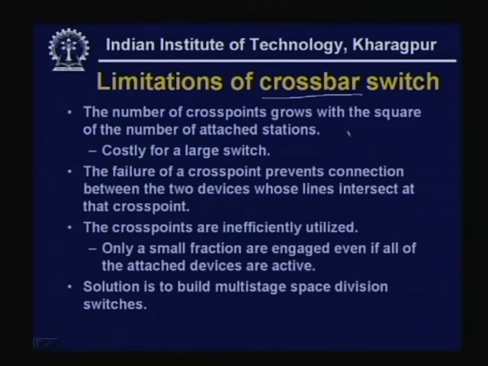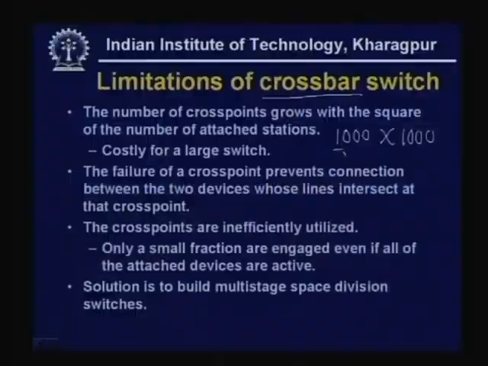For example, let us assume a 1000 by 1000 switch. In such a case, you will require 1,000,000 cross points. A cross point is nothing but an electromechanical relay or an electronic switch, and for a 1K by 1K switch you will require 1 million, that means 10 to the power 6 cross points. So, it is costly for a large switch.